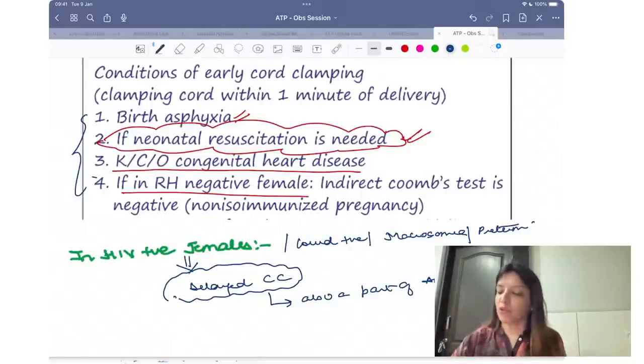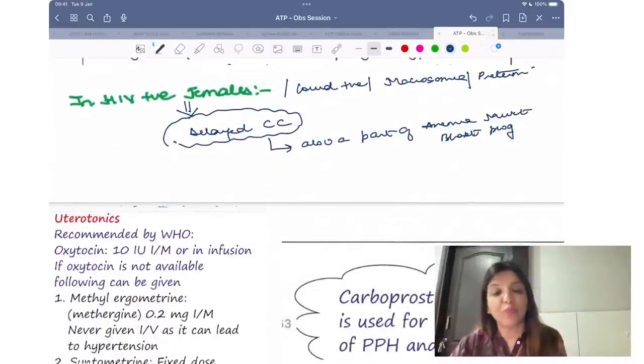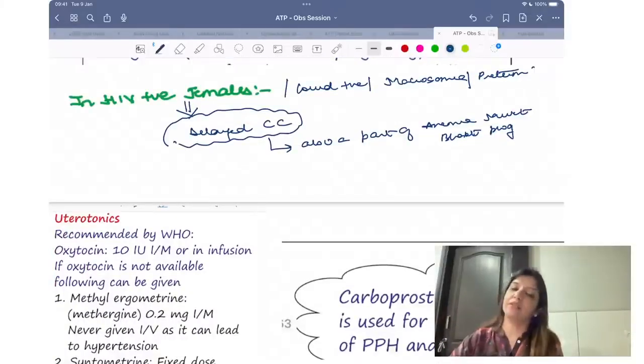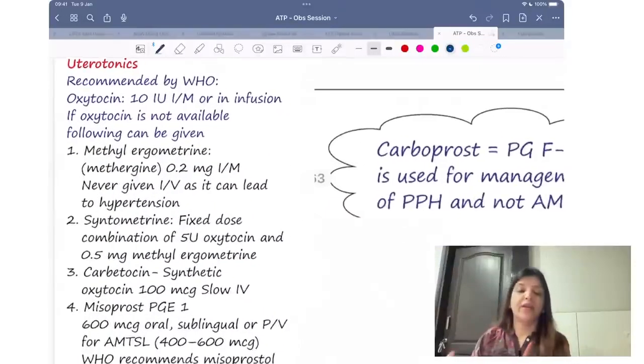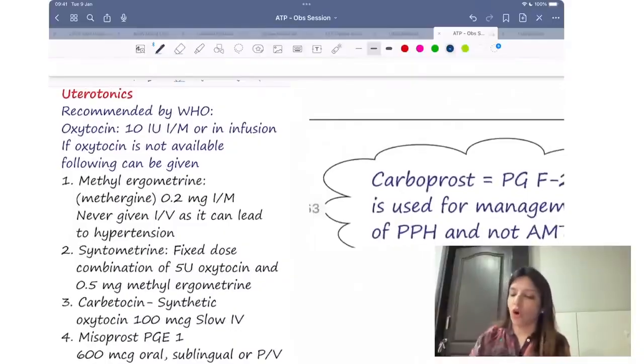So in the Anemia Mukt Bharat program, to prevent neonatal anemia, what is recommended by the Government of India? Delayed cord clamping is recommended by the Government of India, right? Now, in case of drugs, as I told you, oxytocin is the drug of choice or the uterotonic of choice for AMTSL.